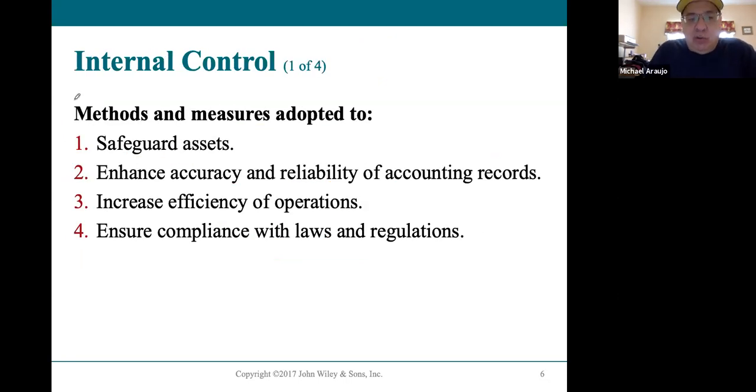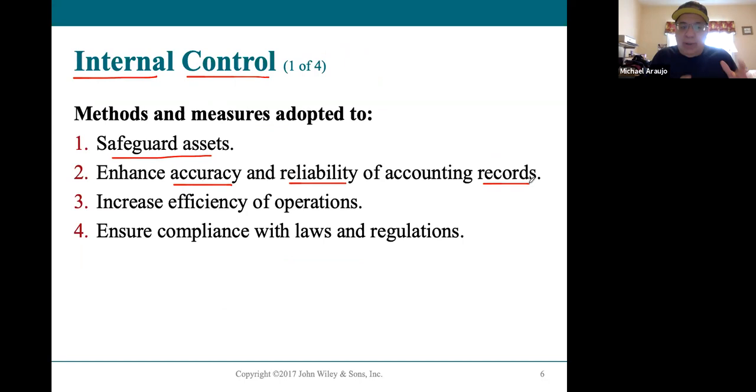So internal control. Internal means within the company. Control is, can you set up a system or systems that help you safeguard your assets? In other words, stop them from getting stolen, stop fraud from occurring. If you can, you're going to enhance the accuracy and reliability of your accounting records.